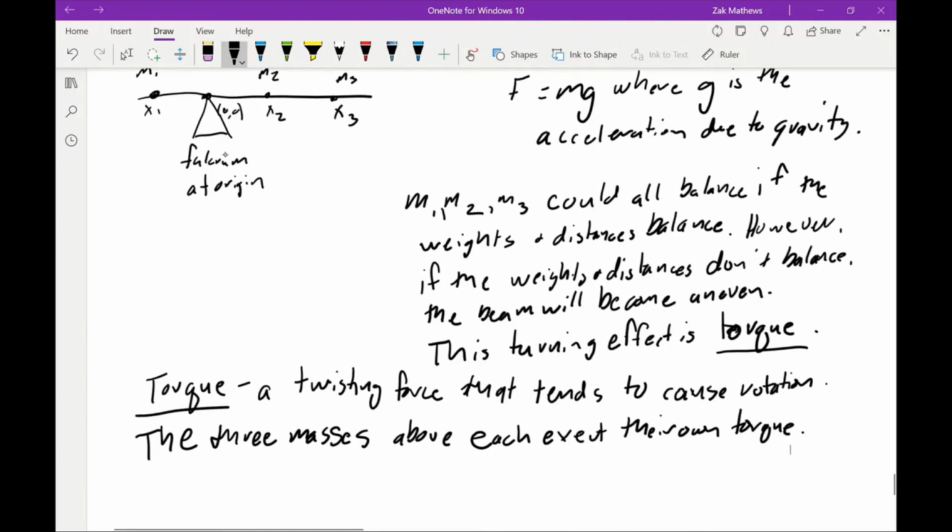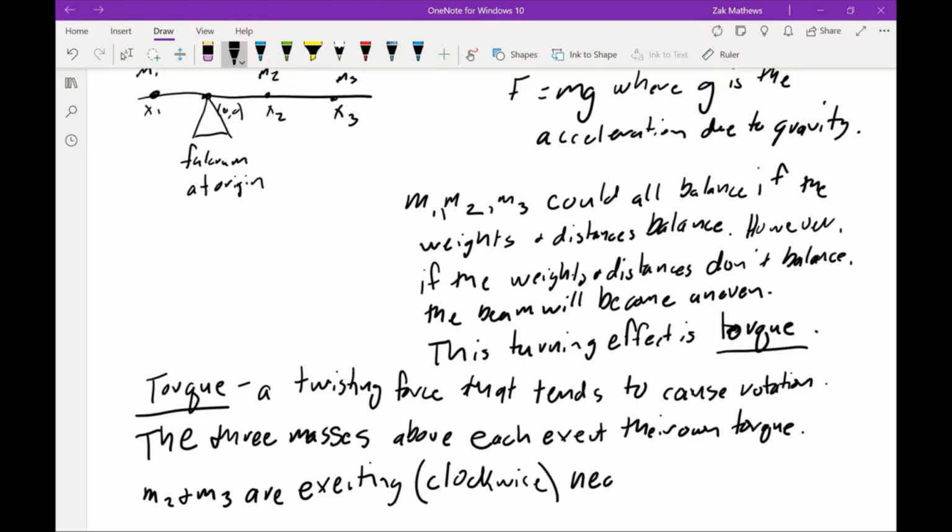So M2 and M3 are exerting the clockwise negative torque.